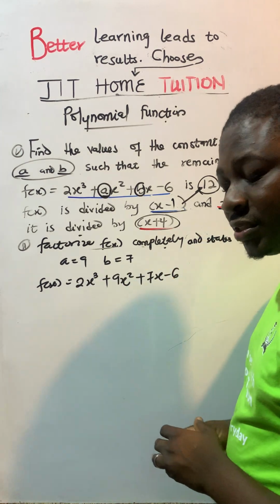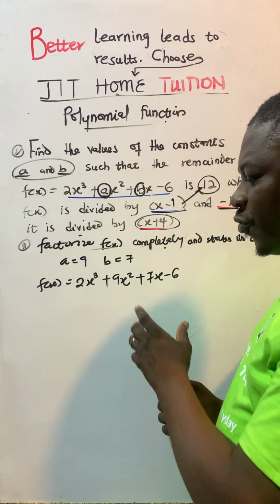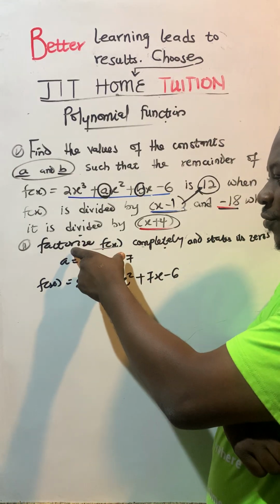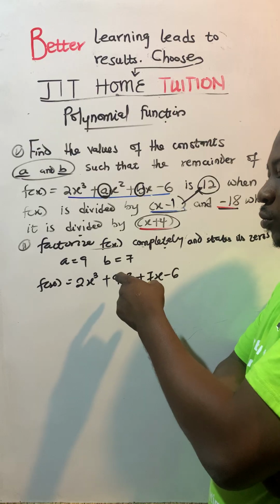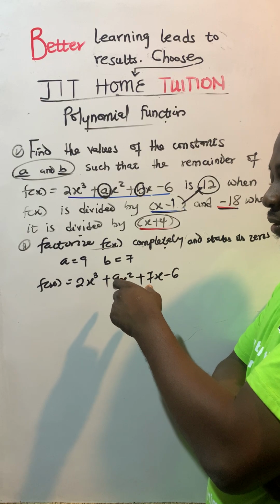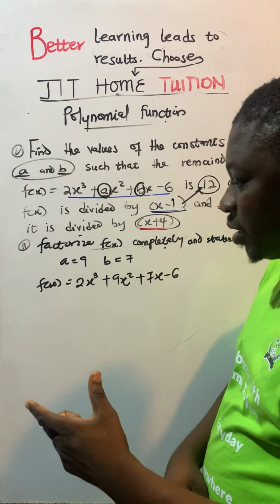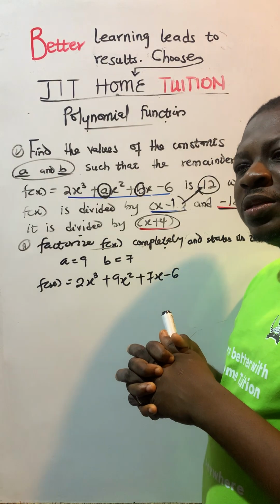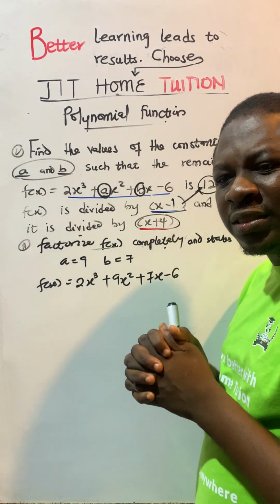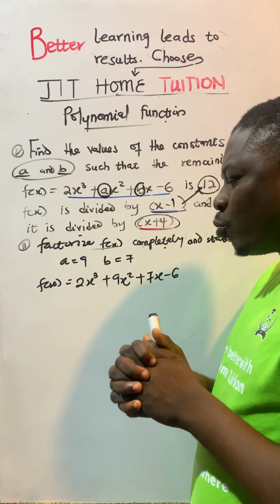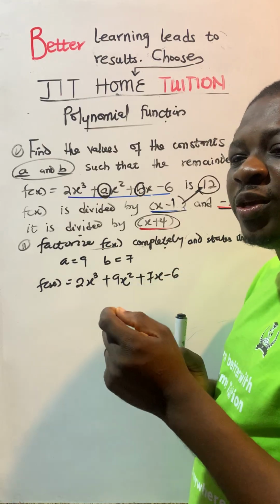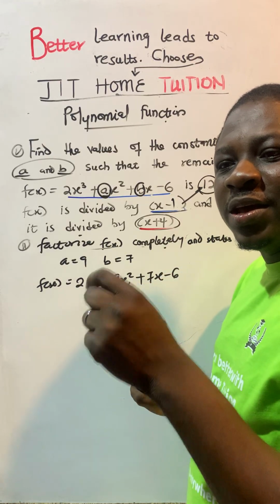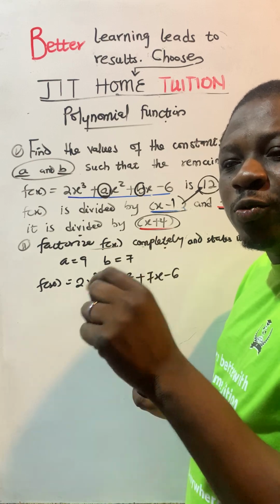Now, this is the function that you have. For you to be able to factorize this one, you have to go by the division approach, and for you to be able to divide, you need to get a factor. The factor should be such that when you equate it to 0, the variable will be equal to a certain number.